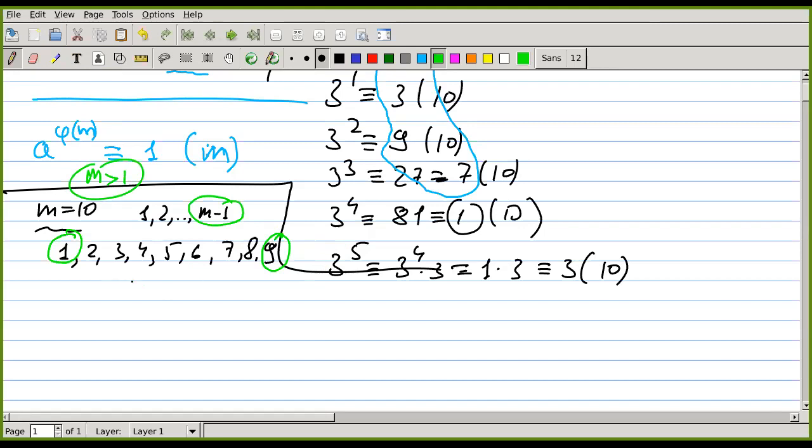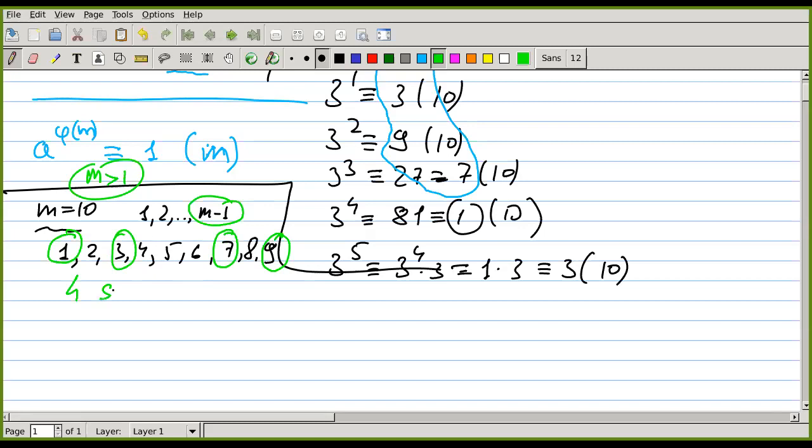Which other numbers are co-prime with 10? Is 2 co-prime? No. Is 3 co-prime? Yes. 4? No. In fact, no even number is co-prime to 10 because they have a common divisor 2. 5 is not co-prime either, so we have just 1, 3, 7, 9. Is it clear? Yes.